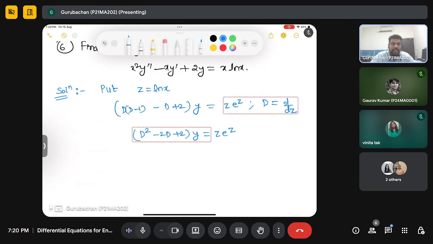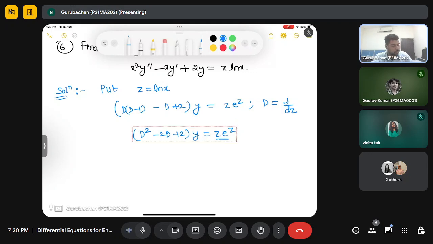Now we have this equation, a non-homogeneous equation, so we need to follow the method of undetermined coefficients. First, we find what annihilates z e to the power z.